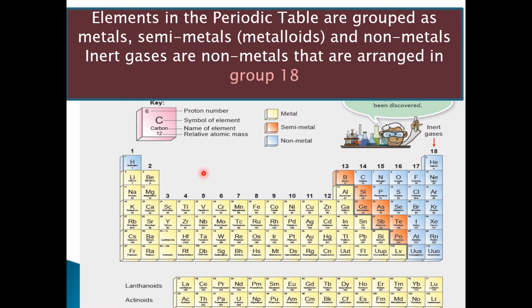Examples of metals are sodium, magnesium, calcium, copper, and zinc. Examples of semi-metals are boron and silicon. Examples of non-metals are carbon, nitrogen, oxygen, and helium.